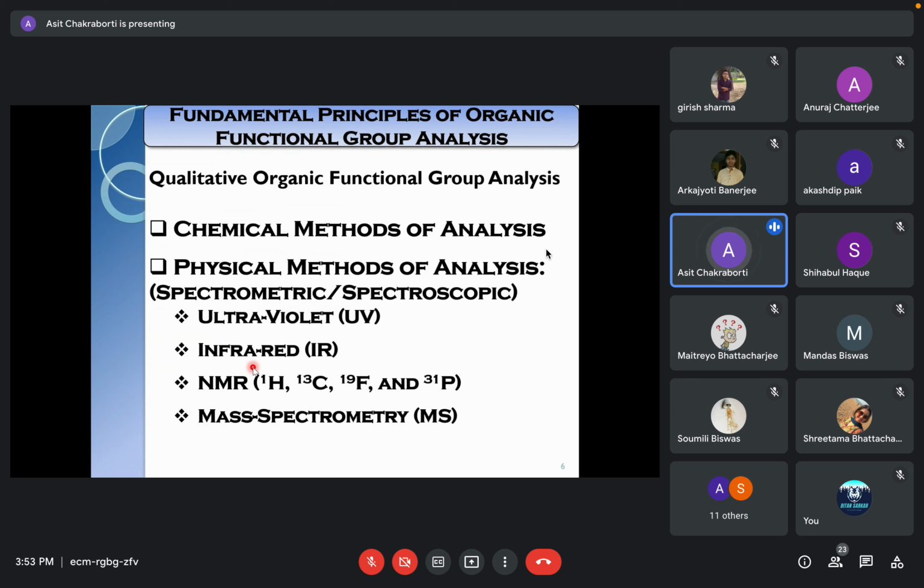Why can UV do it while others cannot? You answer my next question, then probably you will get a hint. All these techniques are called spectroscopic techniques, and they can be called spectrometric techniques also, there is no problem.